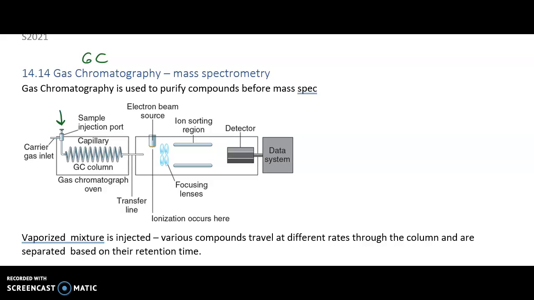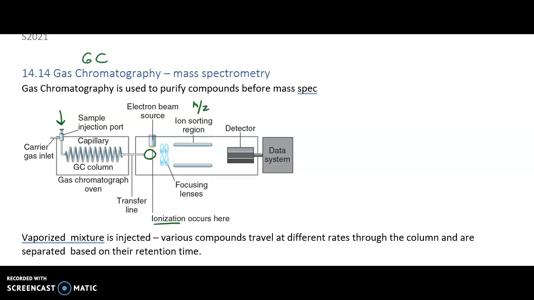It goes through a GC column, and various compounds travel at different rates through the column, and so they're separated based on their retention time. As they come out, an electron beam ionizes them right here. There's a focusing lens, and then they are sorted by mass to charge ratios.